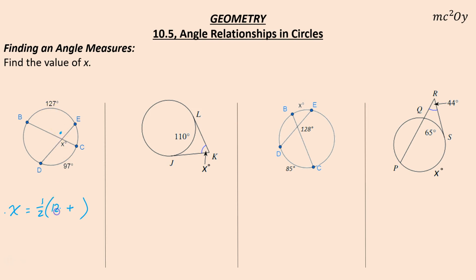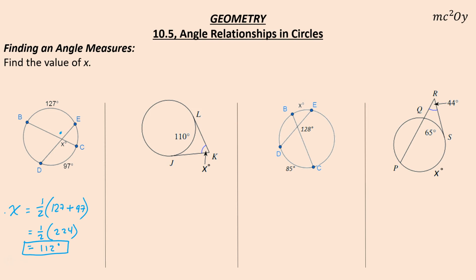So 127 plus 97. So it'd be 1/2 of 127 and 97 is 224. And that gives you 112 degrees. So x is 112.